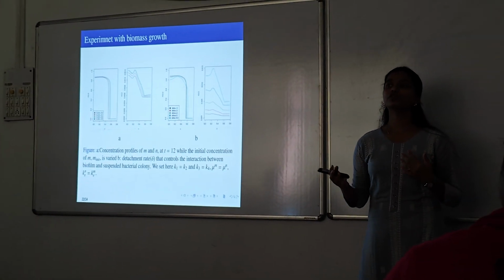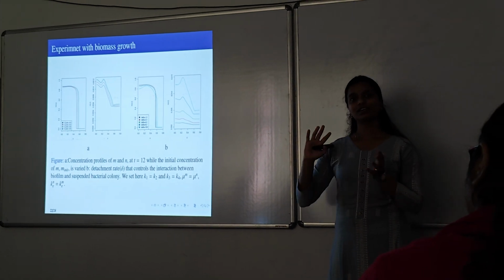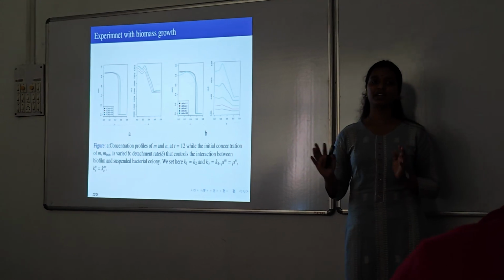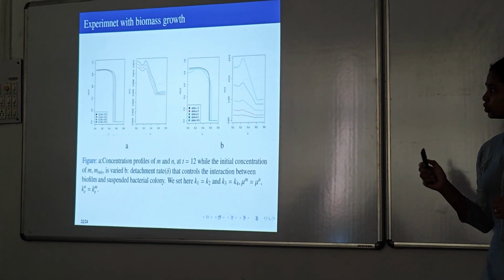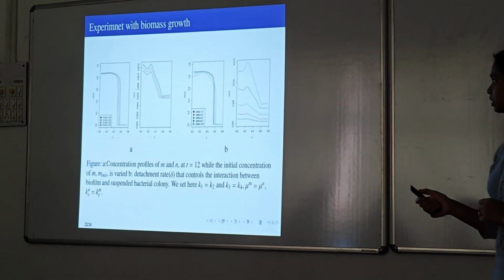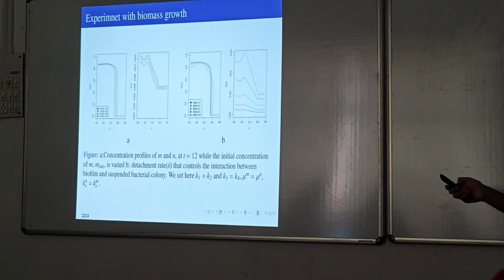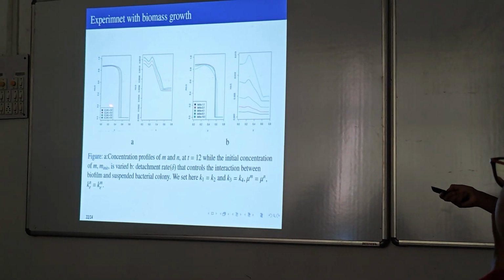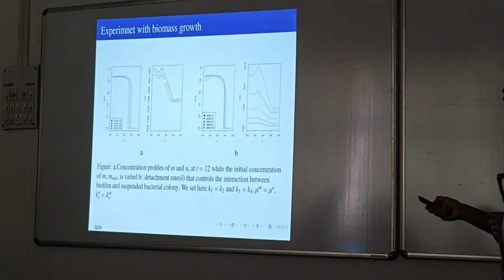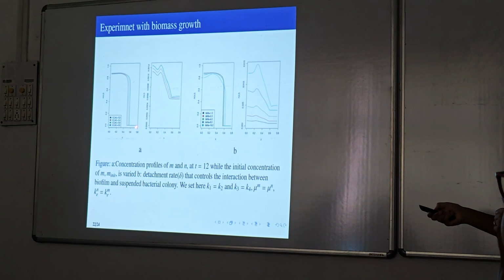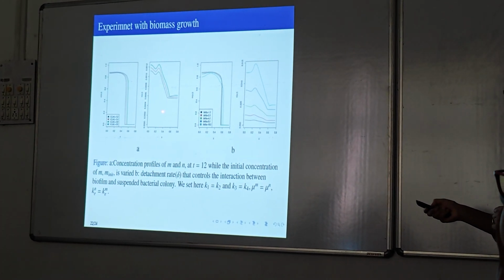We could vary the attachment rate as well, but since detachment and attachment are related, we can play with only one of them. When we change the initial condition, we see significant changes in concentration for both of the bacterial colonies, for M and for N.